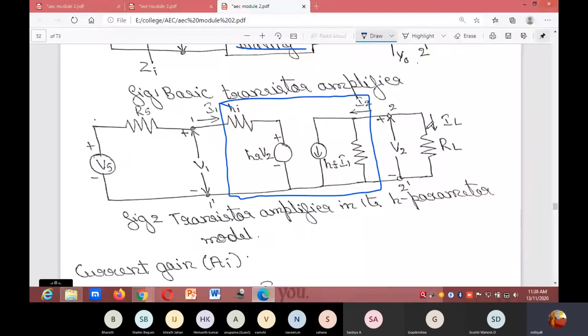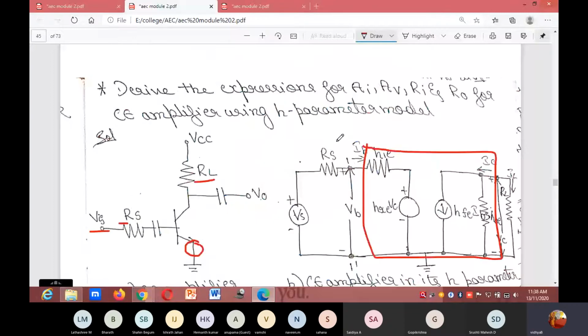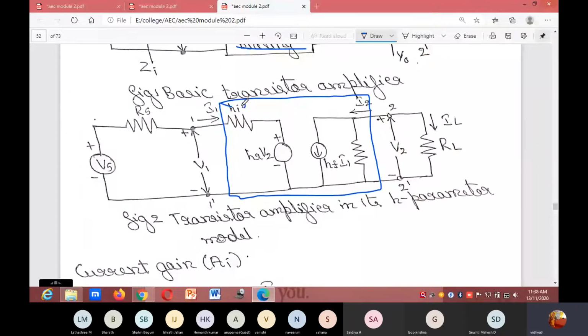When we consider common emitter, common base or common collector, you can observe hie, hre, hfe. For the common emitter amplifier we add the subscript e: hie, hre, and instead of V2 we get VC, instead of I2 we get IC, instead of I1 we write IB, and instead of hf we write hfe.